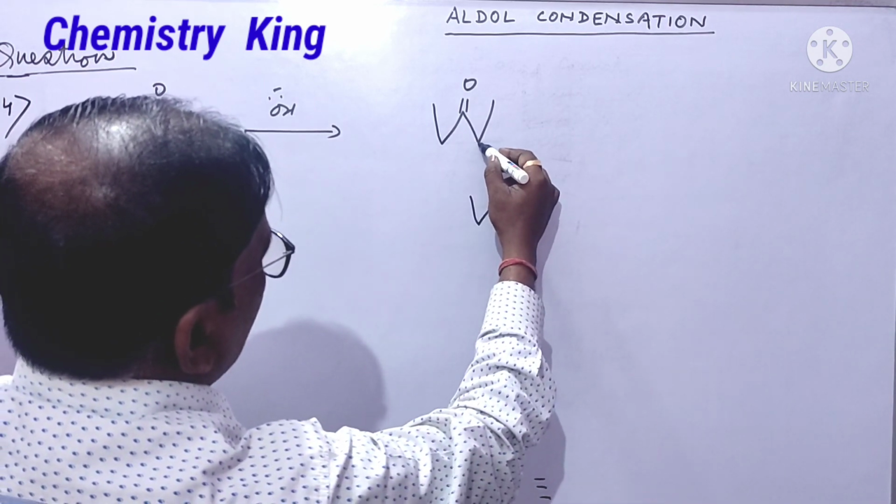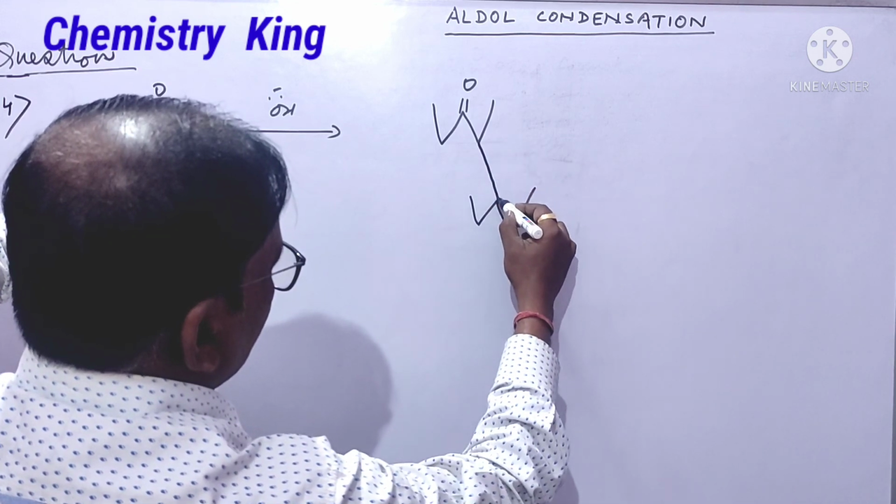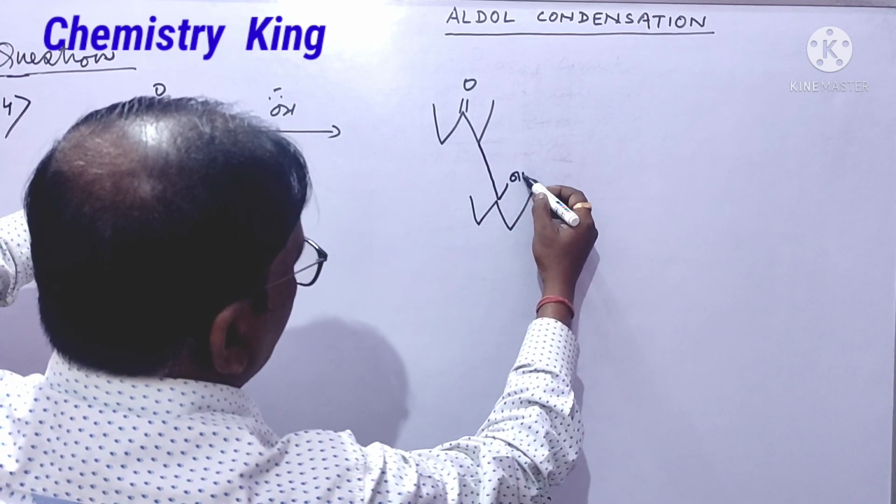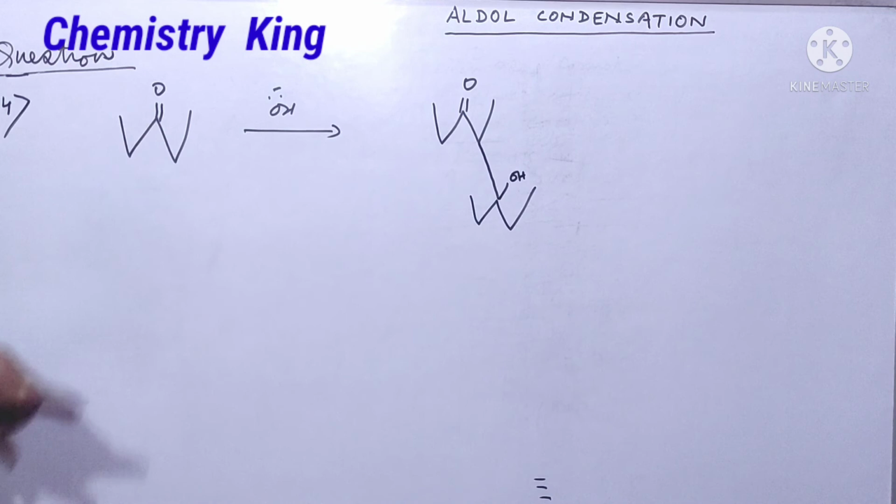This negative charge gets attached with this and OH will be here. So it will be the product.